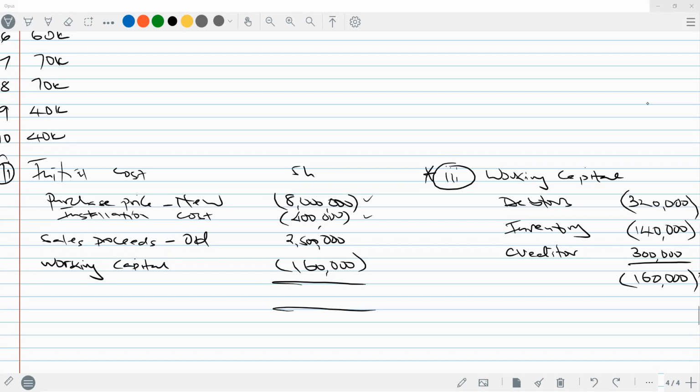We get negative 6,060,000 shillings. That's the initial investment the company must make.